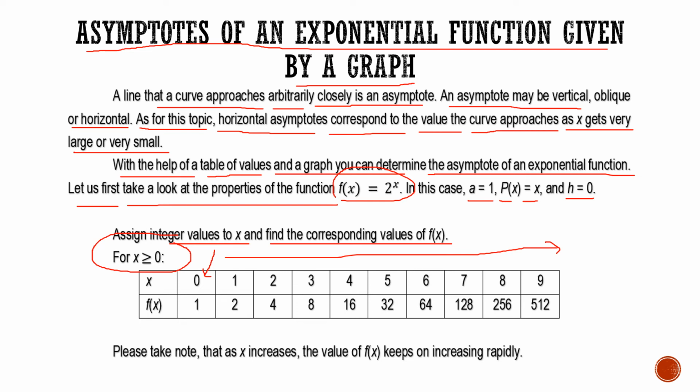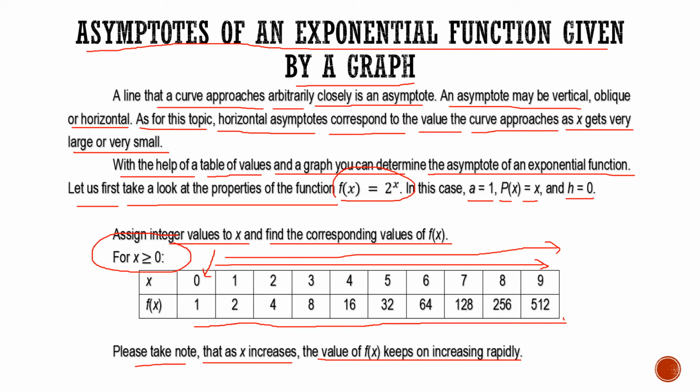Because we need to satisfy that the value of x is greater than or equal to 0. As you can see here, please take note that as x increases, the value of f(x) keeps on increasing rapidly. From 0 to 9, there's an increase in x, as you can see on the table. Once x increases, it's automatic that f(x), or y, keeps on increasing rapidly.